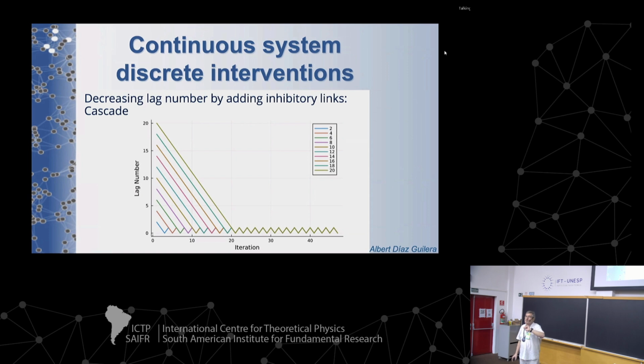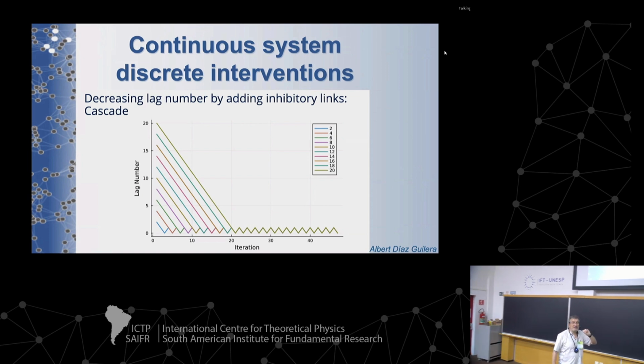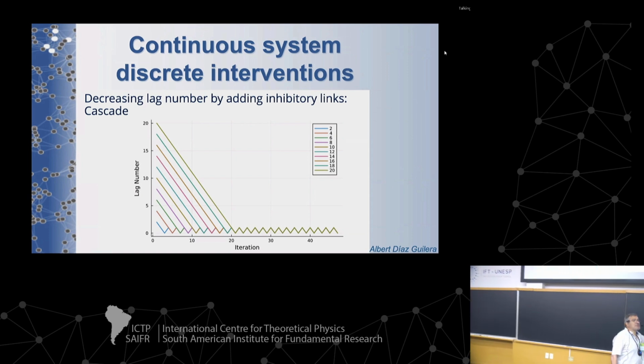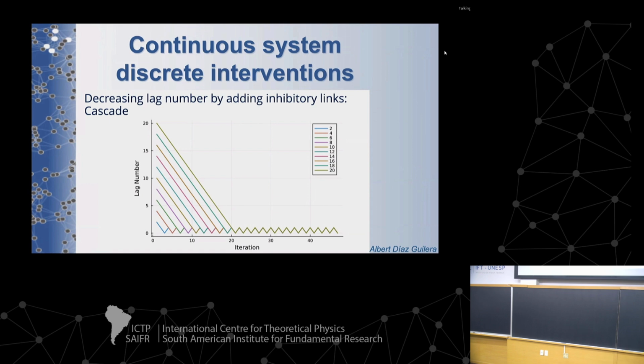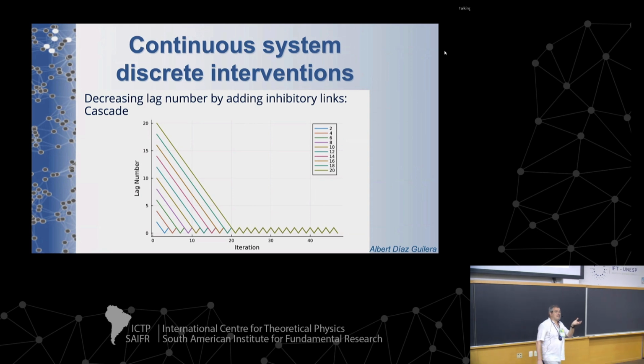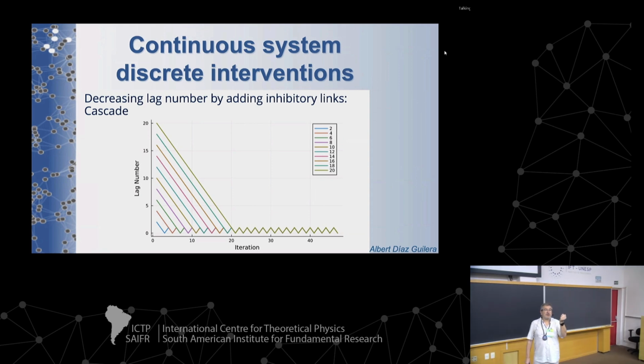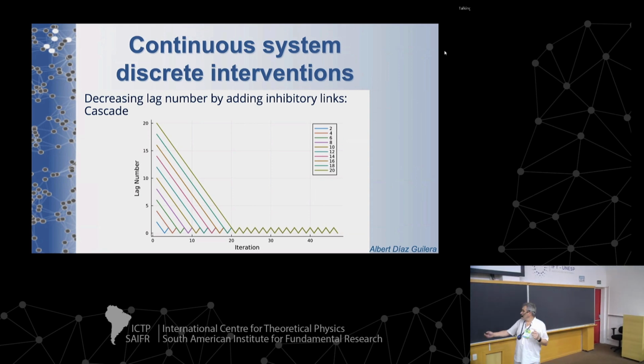Actually what we do is change the nature of the link, we turn it from being positive to being negative. So the state that was stable at that time now becomes unstable. What happens? It goes to L-1.